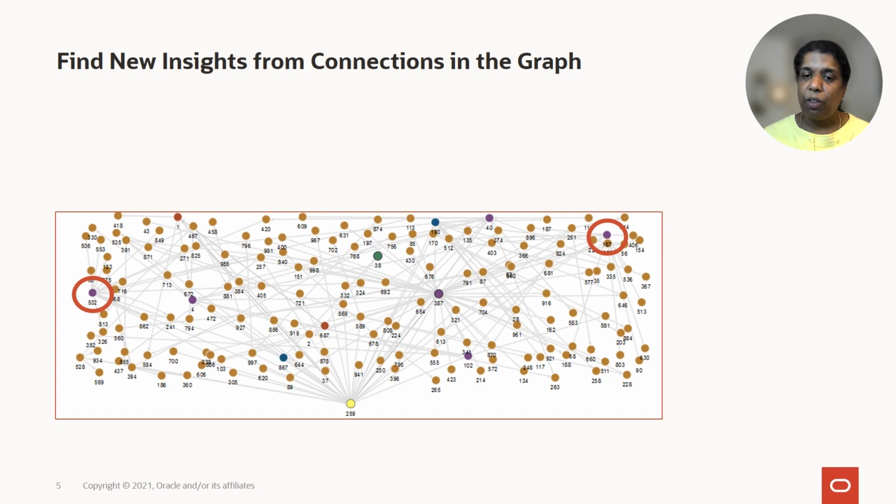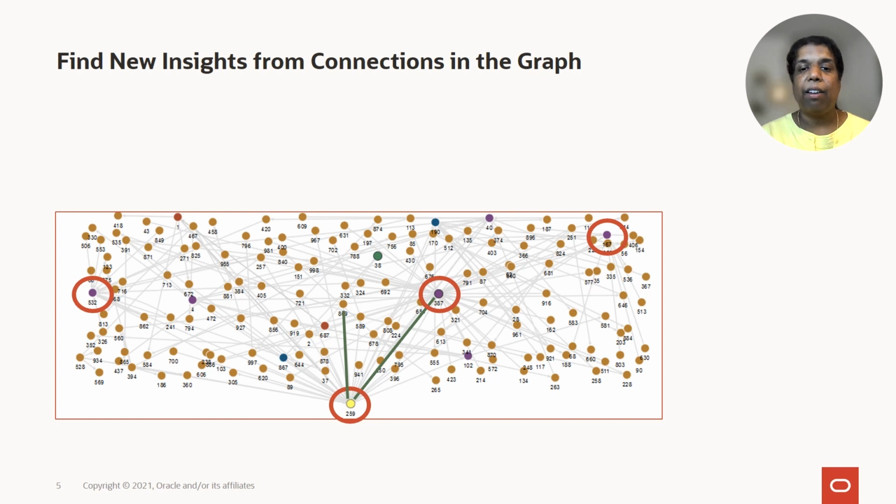So in the cash transfer context, perhaps these are vertices which have a lot of cash transfers flowing through them. And here are two other vertices which similarly have a high number of cash transfers flowing through them. So you can see with graph queries whether there is a direct path between these two vertices. Is there a cash transfer connection between two vertices that have a large number of cash transfers flowing through them? That could be an interesting insight.